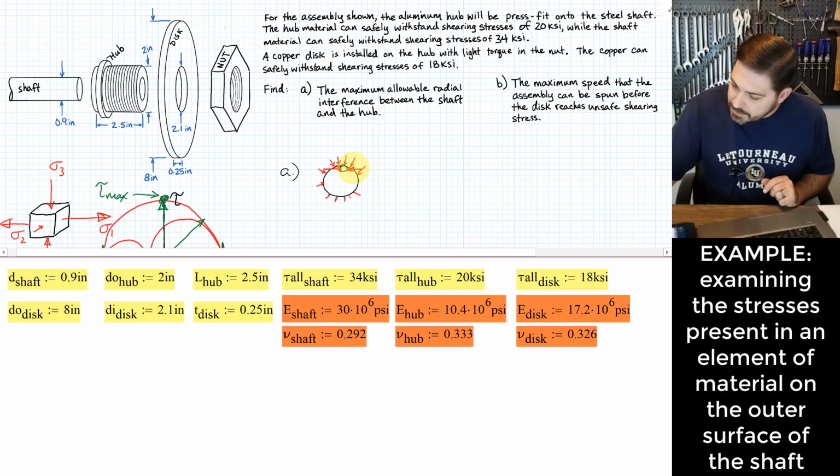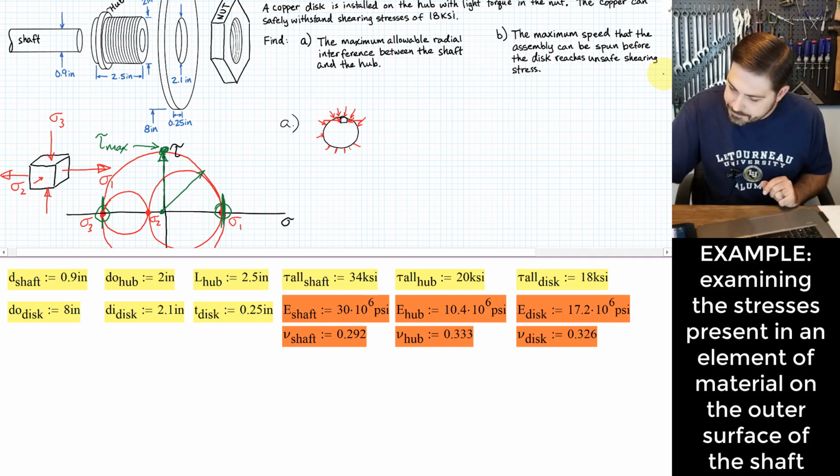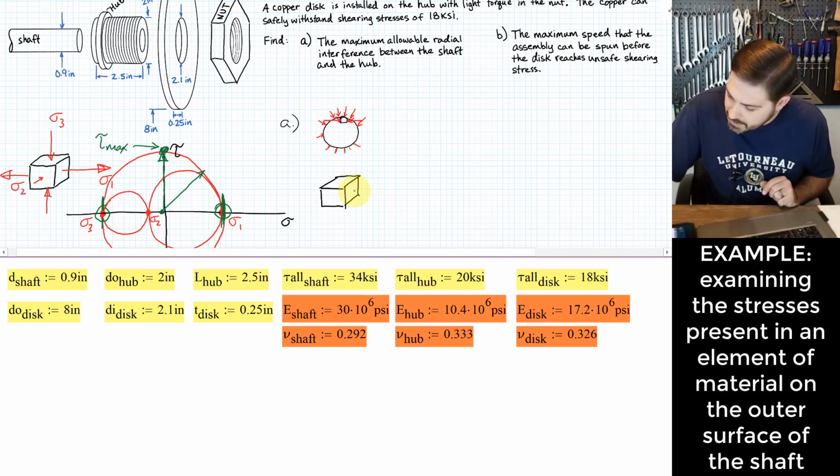So if that's the little element of material, let's pull it out of there and draw that little element of material right here. That little element of material would look something like this. I'm going to go ahead and draw it in a 3D orientation. What we're saying there is that we have a tangential component of stress that occurs like this.